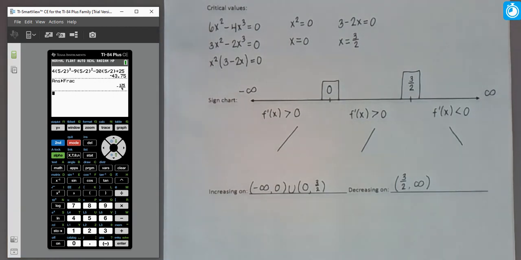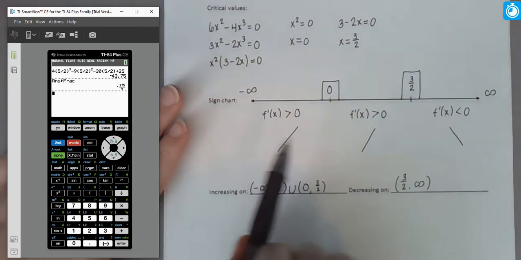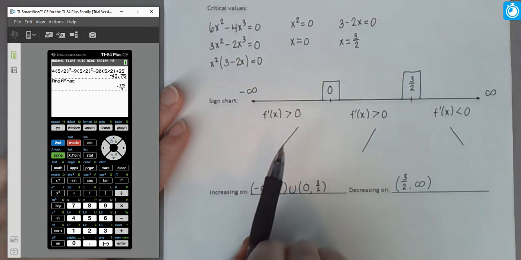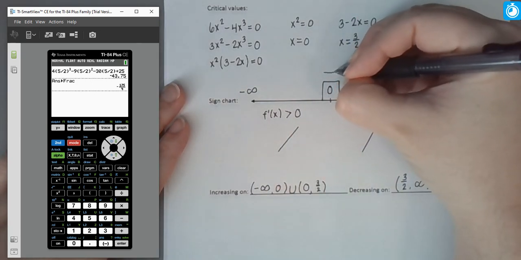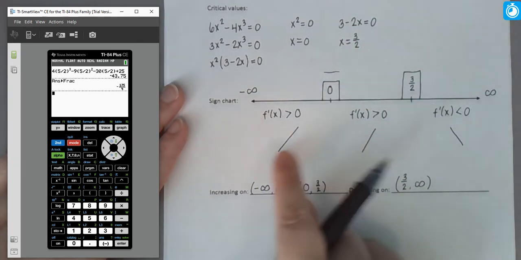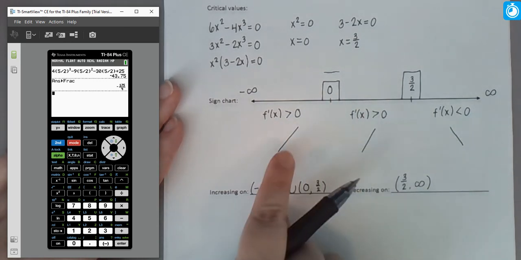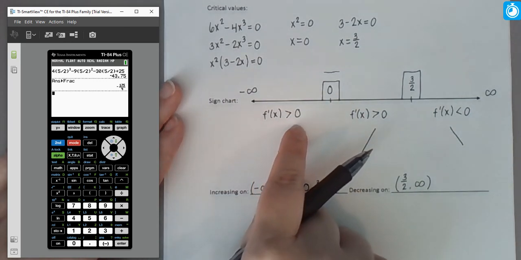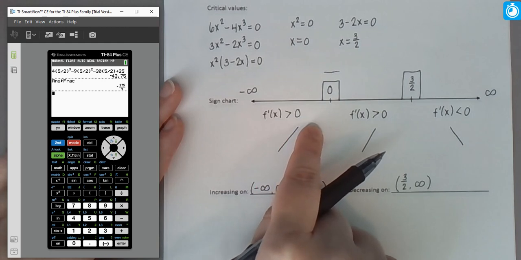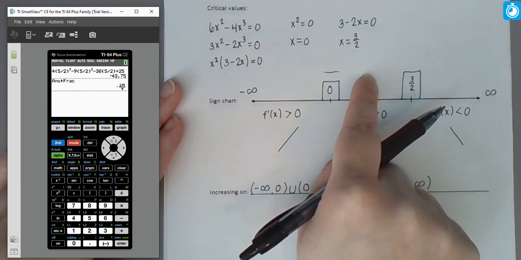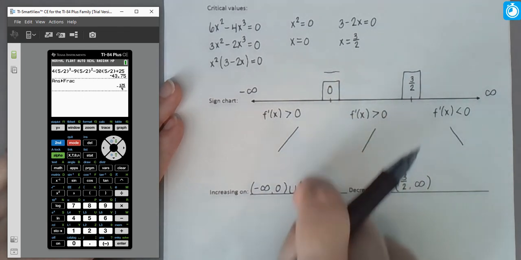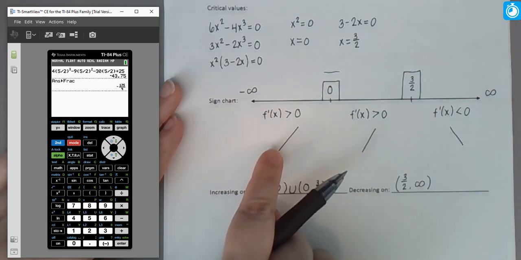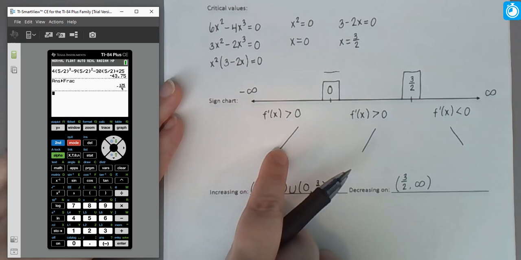Now, based on what we're seeing here, what can we say about maximum and minimum values? Okay, well, to the left of 0, we're increasing. We get to 0, and we know we have a horizontal tangent line there. Okay, but what happens to the right of 0? Well, we go from increasing to a horizontal tangent line to increasing again, which means at this location, we may have that horizontal tangent, we may have a critical value, but we don't have a maximum or a minimum.